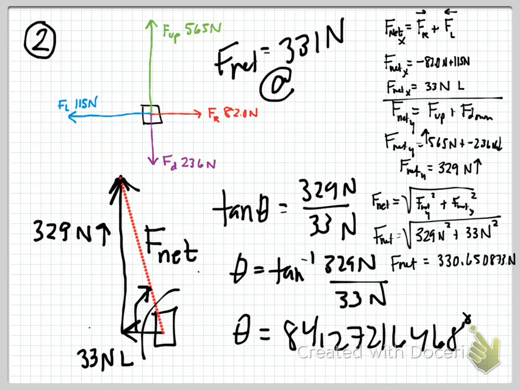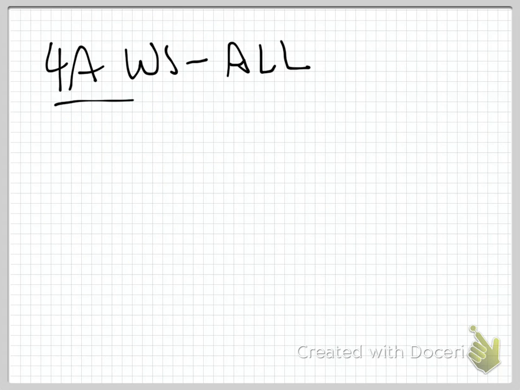That's what we'll do together today. I would like you to look at the 4A worksheet. You are assigned all of the 4A worksheet. Remember the big thing that we talked about, when we last left our physics heroes.